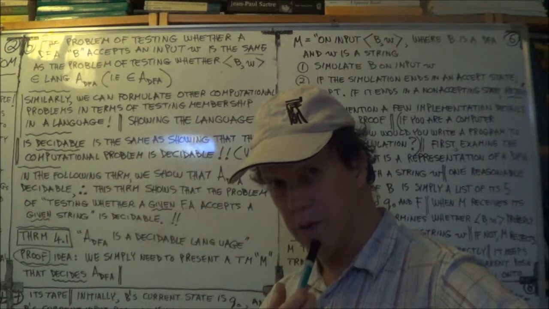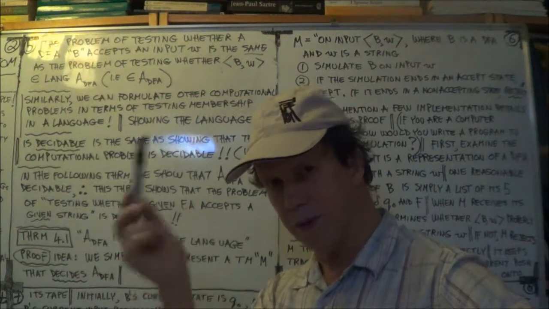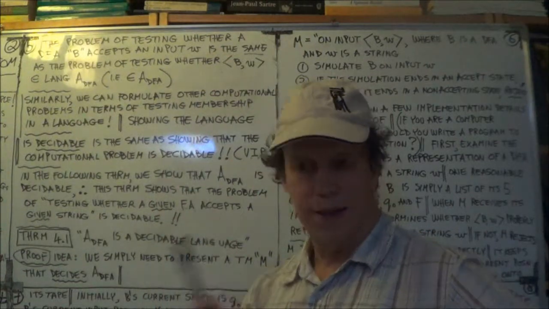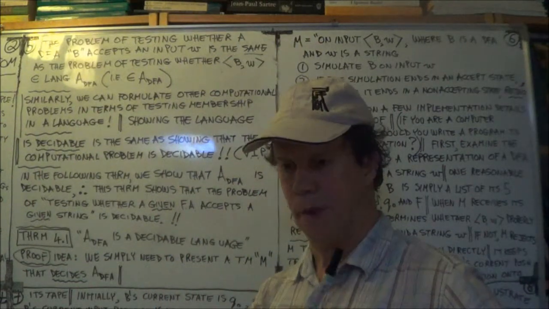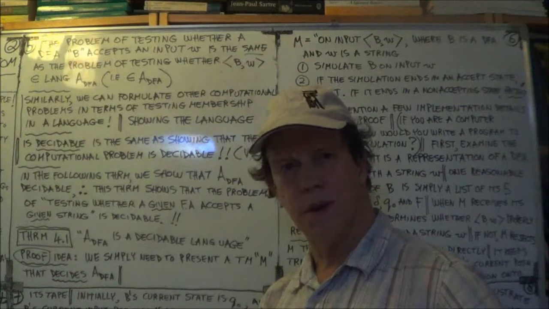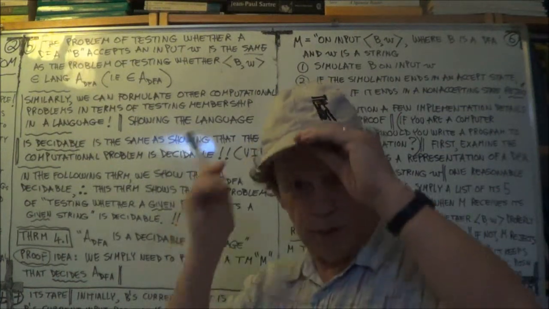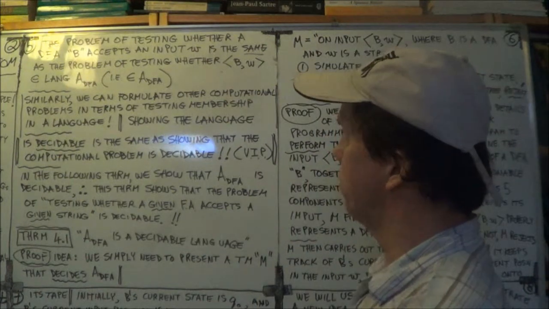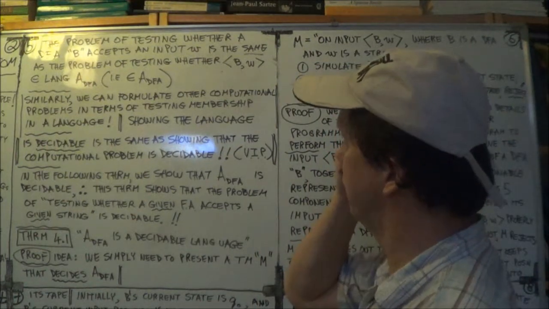Okay, you follow that logic? If not, rewind, play it back till you get it, because it's critical. We'll use this reasoning again and again, multiple times in this chapter. It's basic.